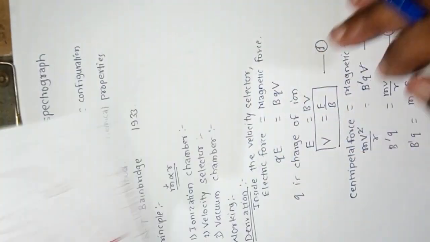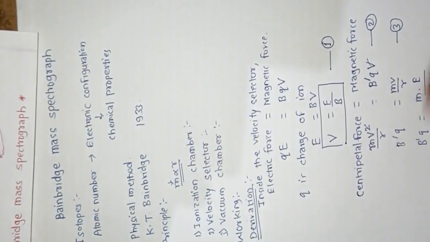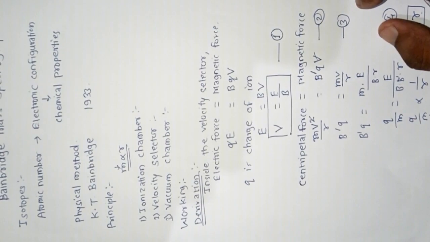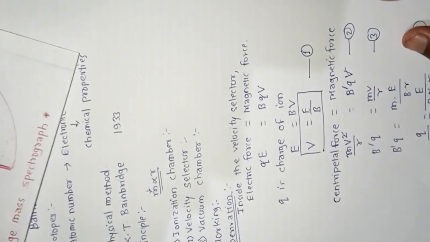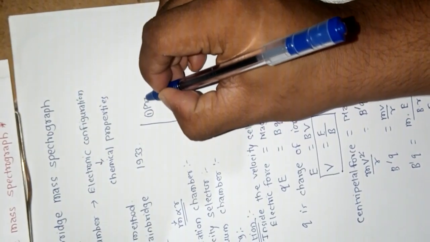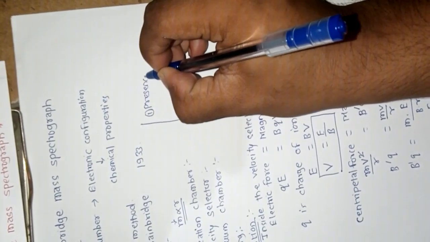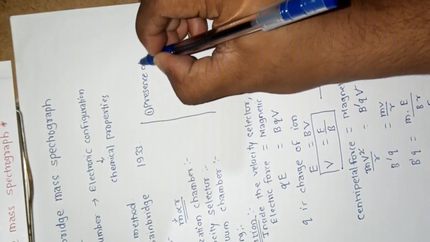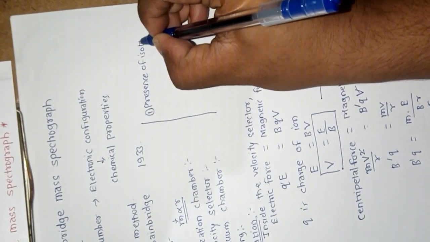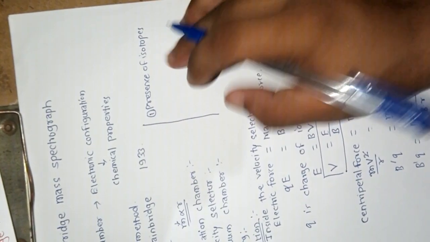So this is all about the Bainbridge mass spectrograph. Using this, one can detect the presence of isotopes in the given beam of positive ions.